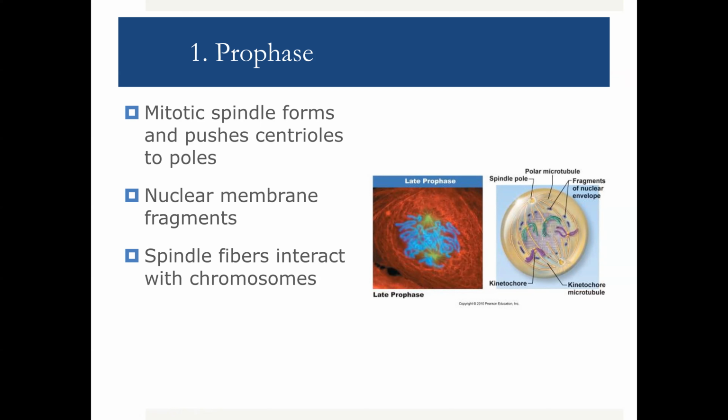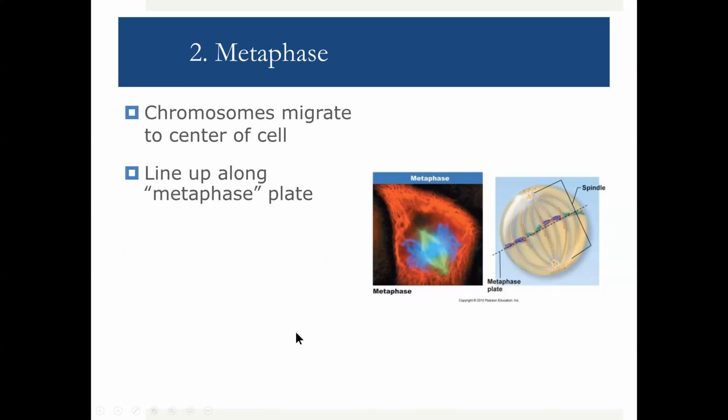The spindles are going to start being formed. Spindles are the attachments from the centrioles to the chromosomes. The nuclear membrane is going to break down, okay? And the chromosomes are going to start to become visible. That's prophase, okay?